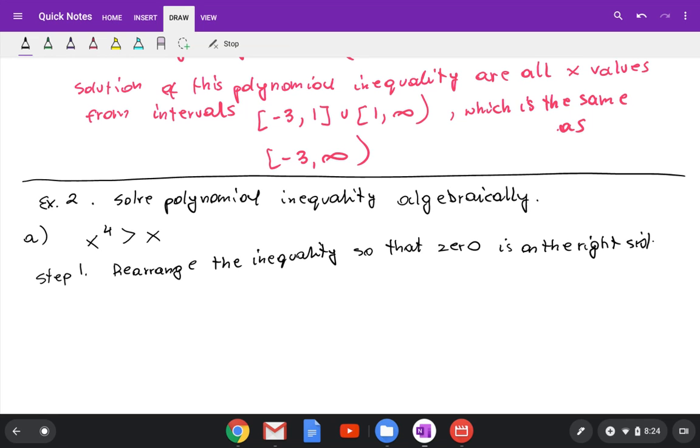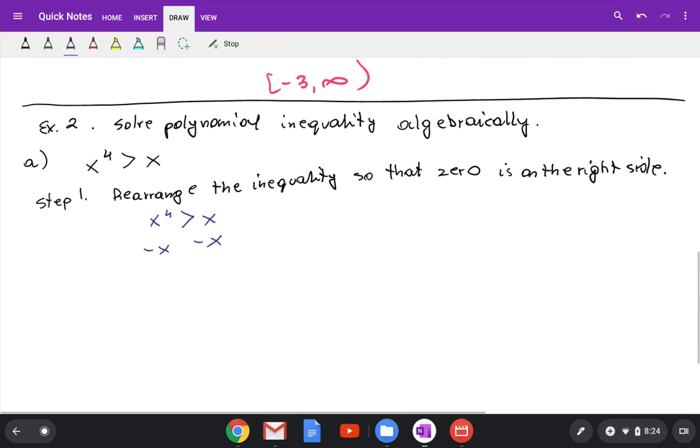So inequalities, you're solving almost the same like equations. So the idea is to have a 0 on the right side. So in our case, we have x to the power of 4 greater than x. I will subtract x from both sides, and that will give us x to the power of 4 minus x is greater than 0.